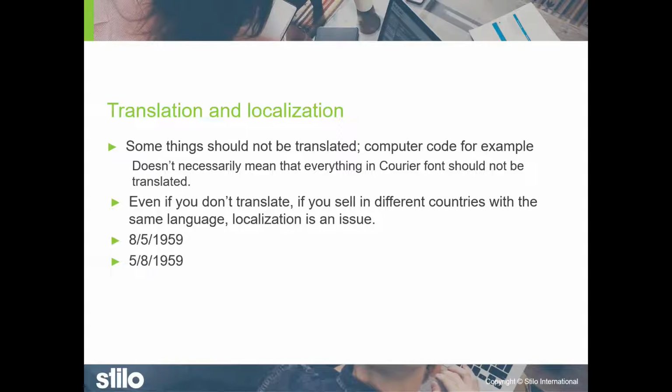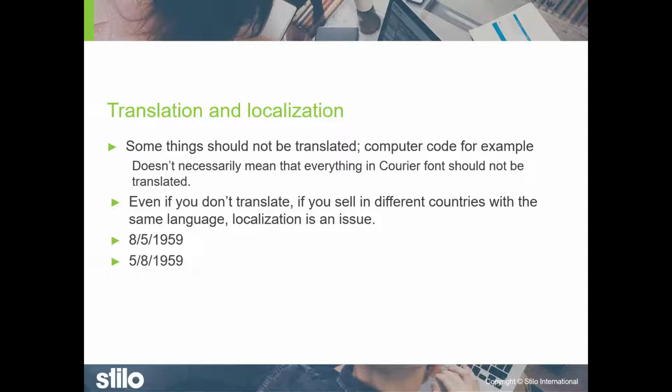Even if you are not translating, if you are selling in different countries with the same language even, localization could be an issue. For example, in some countries or in some applications, you may need to differentiate a first name from a last name because they are not always displayed in the order that they are typically here.